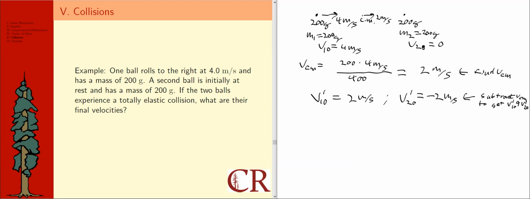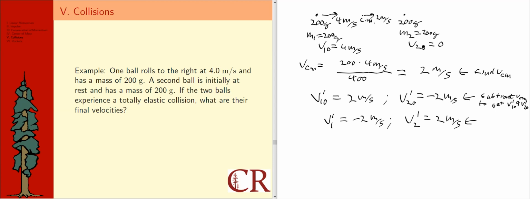In this very symmetric looking center of mass frame, these two things just bounce off of each other, which means that the final velocity, I accidentally wrote the naught there, V1 prime is the final velocity, should be equal to minus 2 meters per second. V2 prime will be equal to positive 2 meters per second.